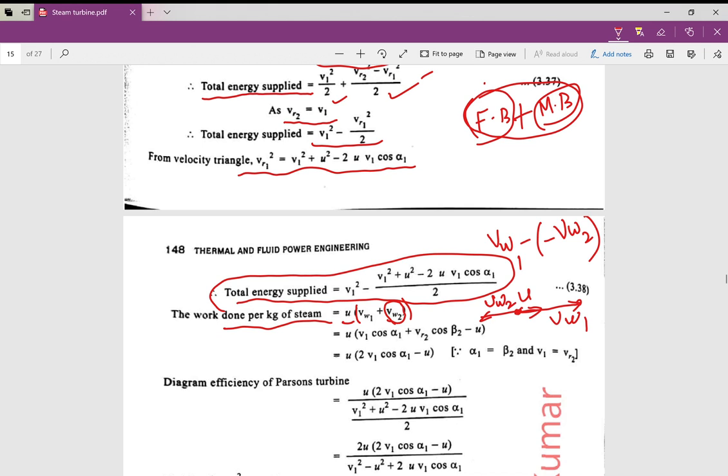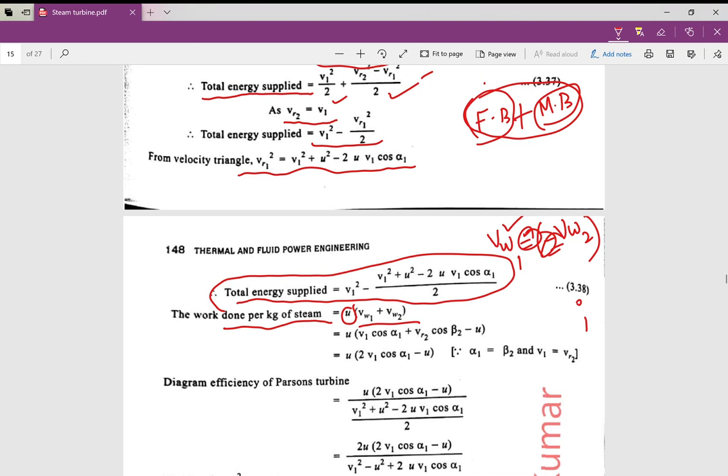So Vw1 in this direction written, and minus the difference has to be there, and minus Vw2 is in opposite direction, so minus minus plus it comes over here as a plus. Right, so in this way we can write U into Vw1 plus Vw2.